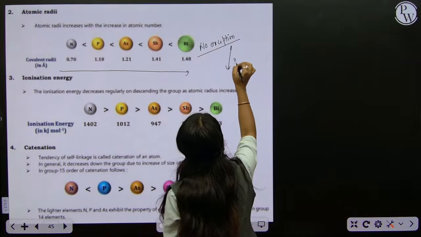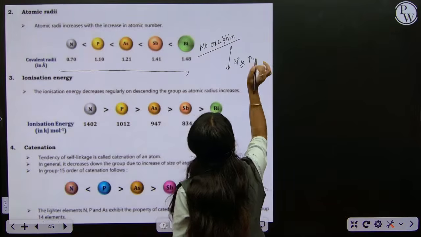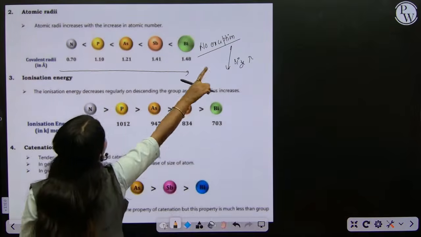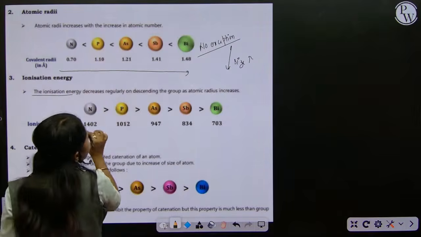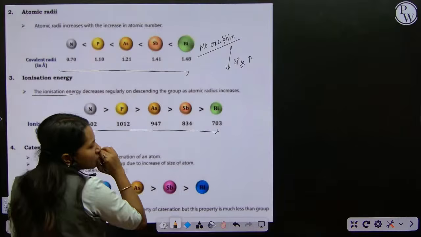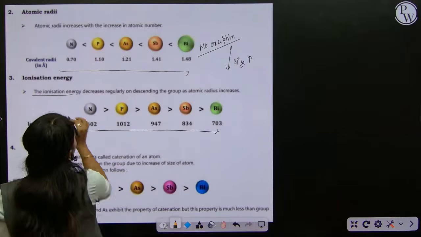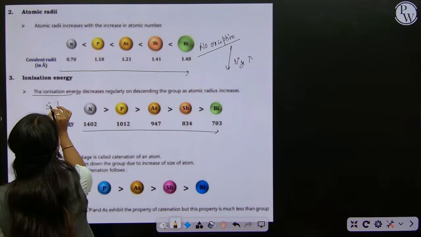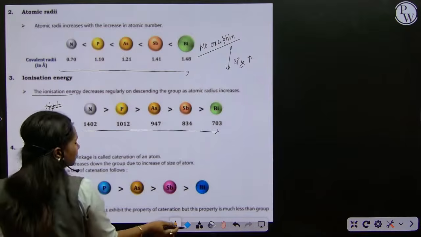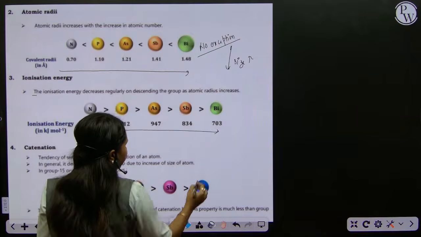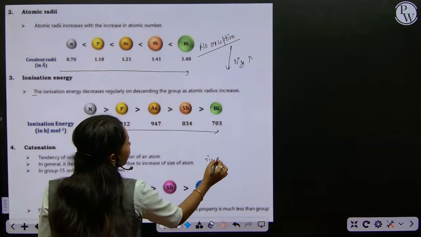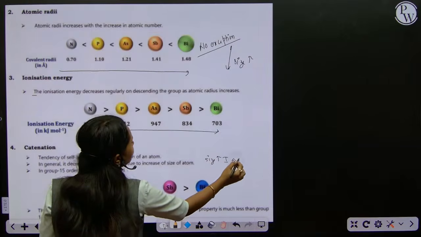Down the group size increases, so size is increasing, no exception for this. Ionization energy: down the group size increases, so ionization energy should decrease.